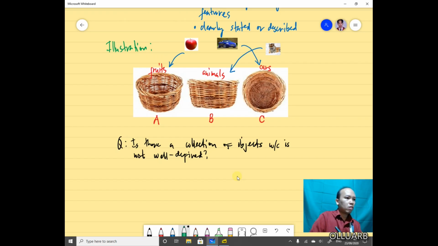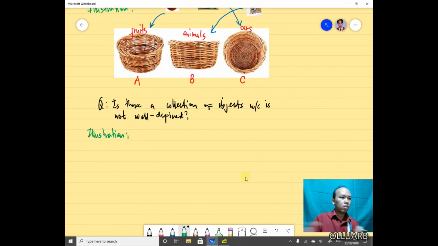Illustration. Let's have another color, let's say magenta. Collection of, let's say, beautiful ladies.